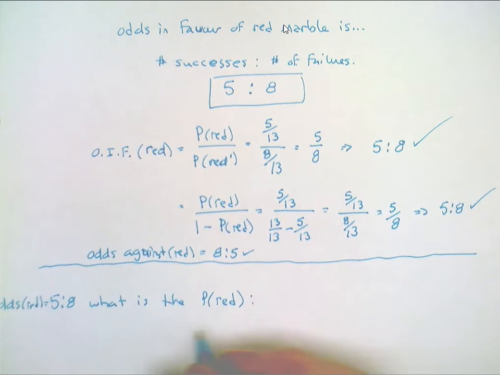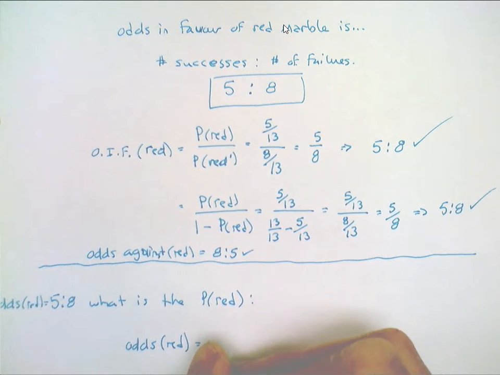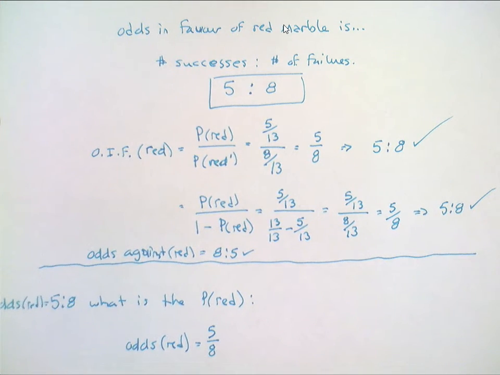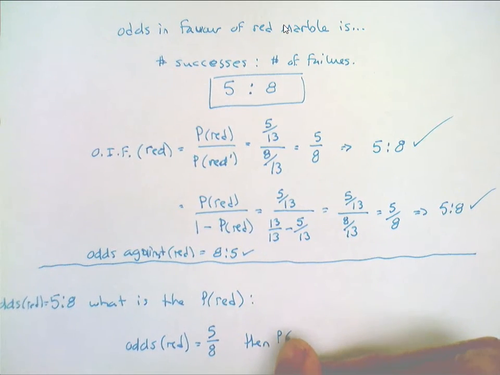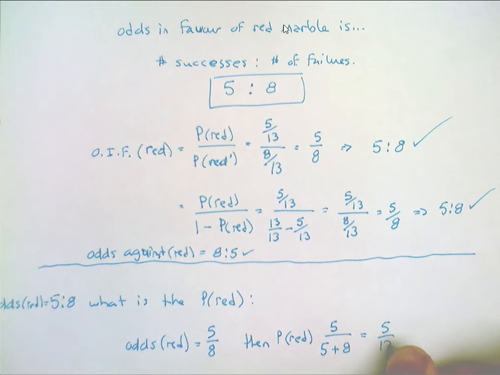Okay, well, remember it said if the odds of red is h over k, which is 5 over 8, then the probability of red is h over h plus k, and that's what it started out with, that there were 5 red marbles to 13 total.